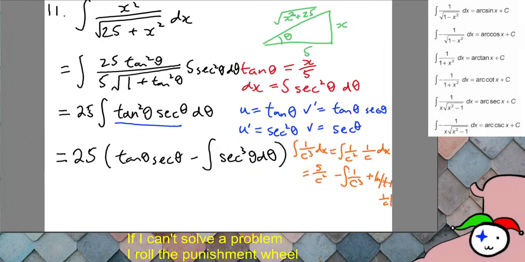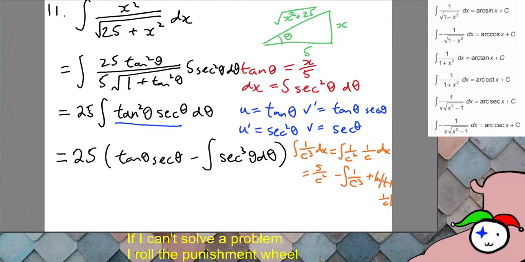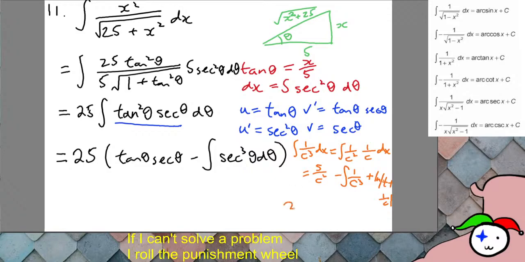So you can bring this 1 over cos cubed to the other side, so you have 2 of 1 over cos cubed dx equals sine over cos squared plus natural log of tan plus secant.